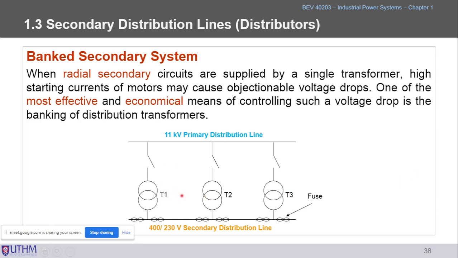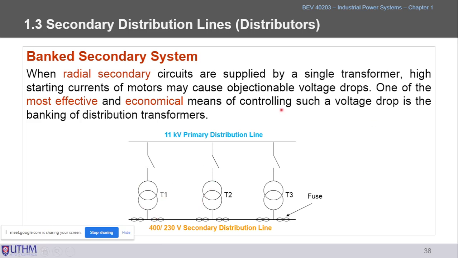So this one is about reliability also. If something happens here, then this one will be activated. And in the normal case we can have parallel running transformers. I mean either two transformers can run at the same time.